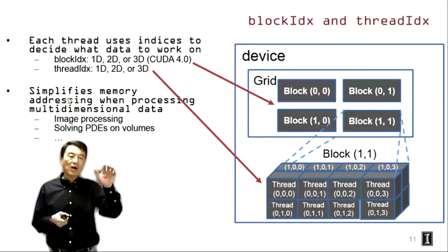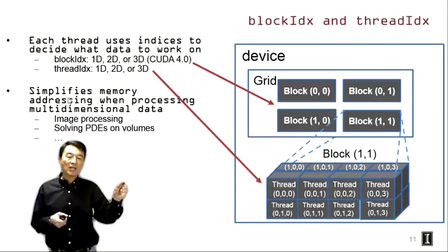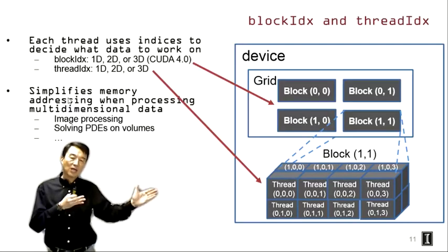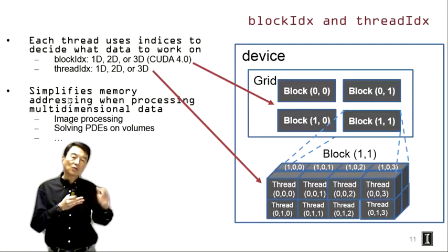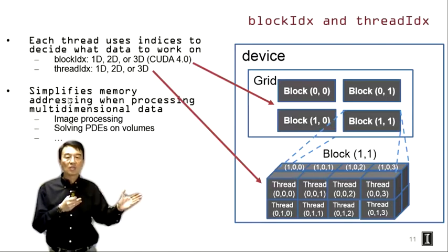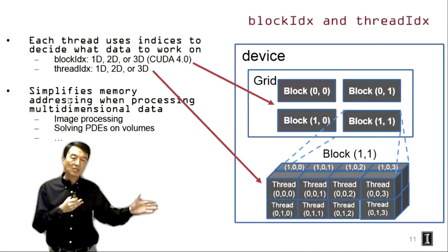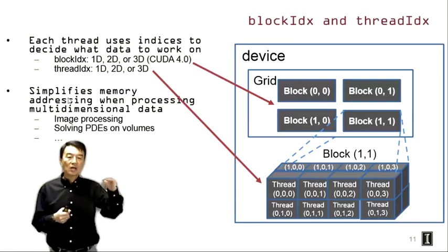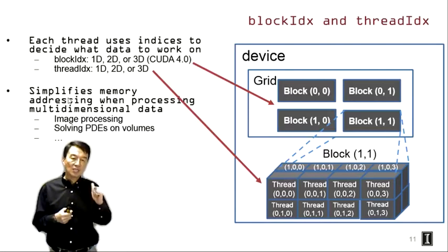So Y equals 0 for both blocks, and X equals 0 and 1. The second row has a Y value of 1, and X will vary from 0 to 1. Obviously, X and Y can vary from 0 to a fairly large number, usually in the tens or even in the hundreds. Each dimension in CUDA can grow up to 2 to the 16th.